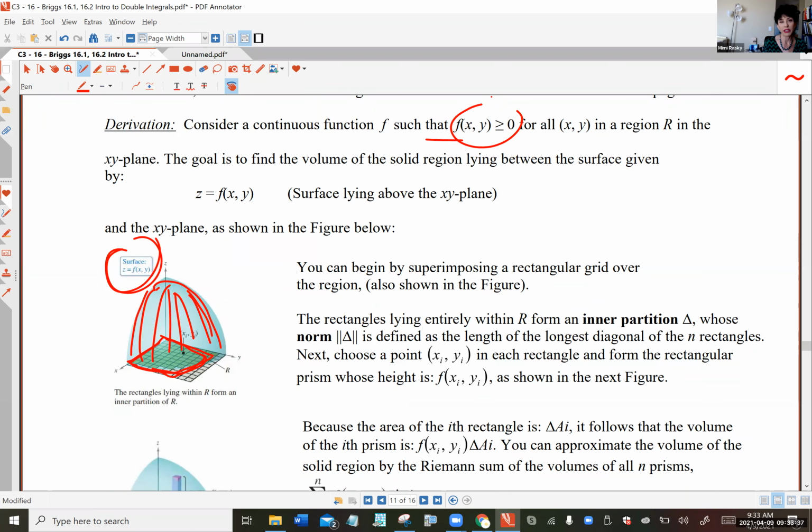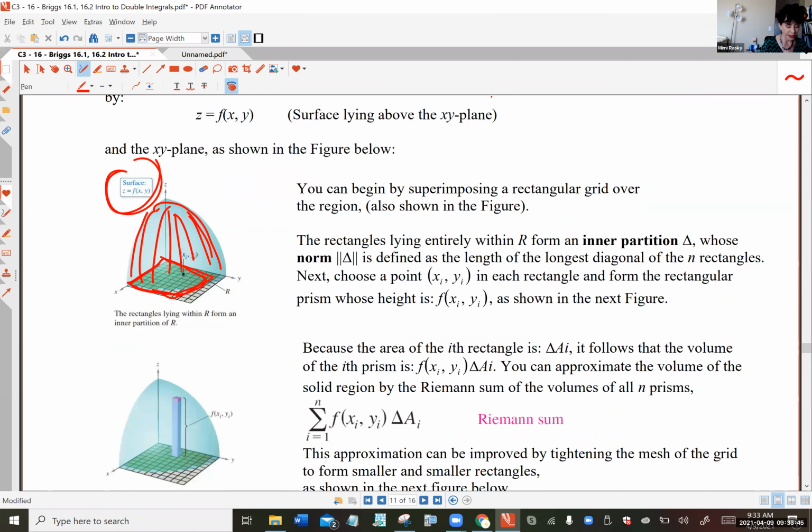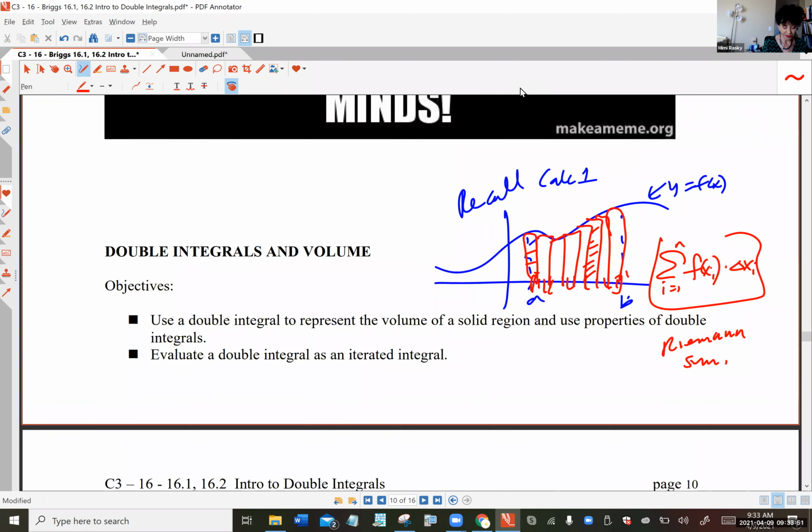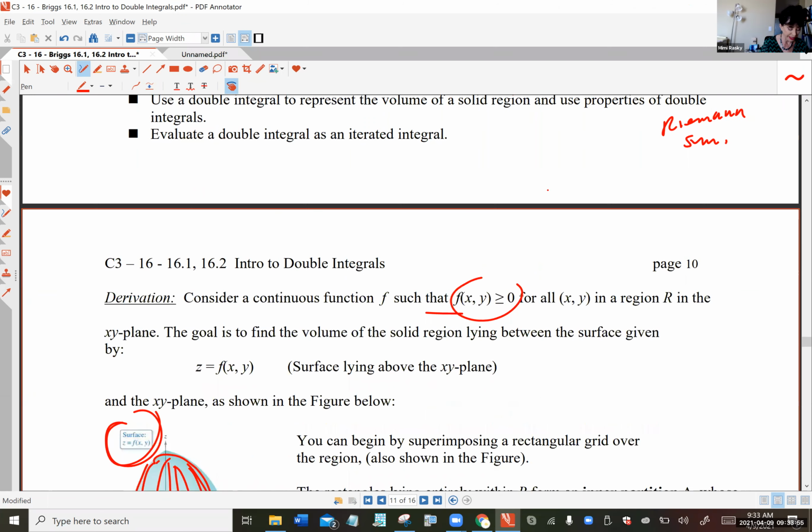But later on, we'll relax it. If you're going to find volumes of solids, you need this to be true. Otherwise, you'll get negative volumes, and we want to avoid that. But in Calc 1 you got negative areas when you relaxed the requirement that the function be positive. We'll do the same, but not yet.